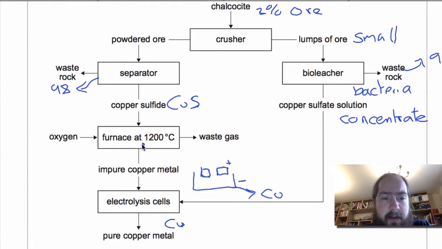That's going to be very hot. 1200 degrees C is going to use a lot of energy. And we're reacting oxygen with it. That oxygen is going to react with something in this furnace to leave copper left over. It'll be impure, but it will be mostly copper. So that oxygen is obviously going to react with this sulfur here.